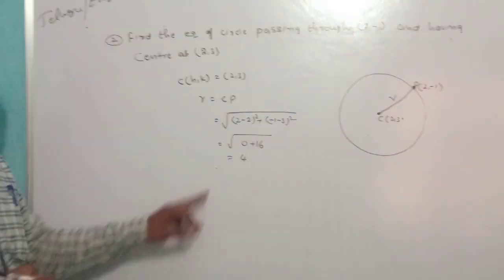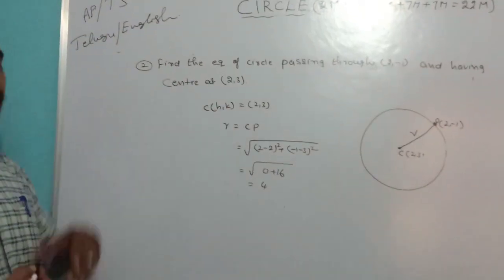This is the radius of the circle and the center is (2, 3).